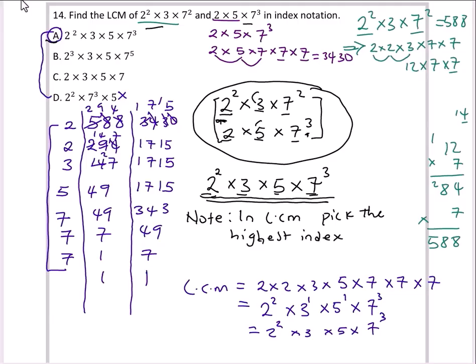Then in HCF, pick the lowest index. If you know how to solve HCF using the index method, I think this will make more sense to you. When we are solving for HCF using the index method, we pick the lowest powers, but in LCM we pick the highest powers. So let's go to the next question.